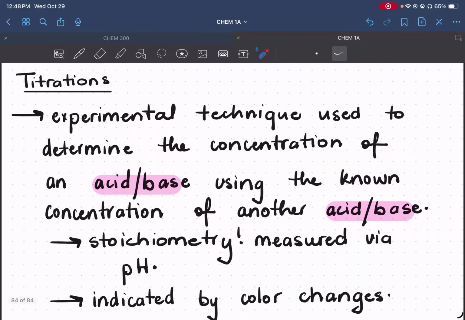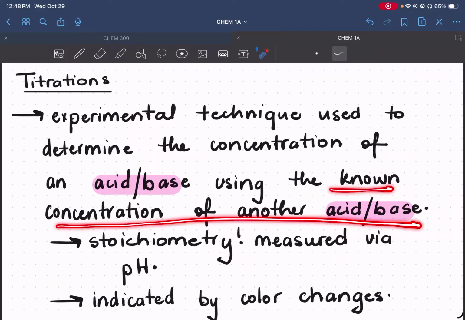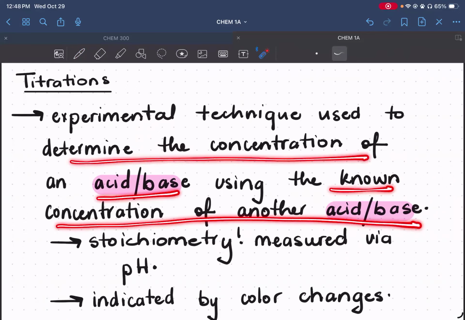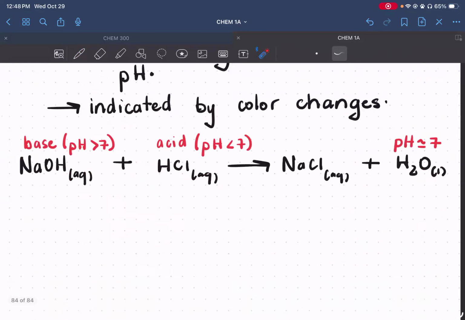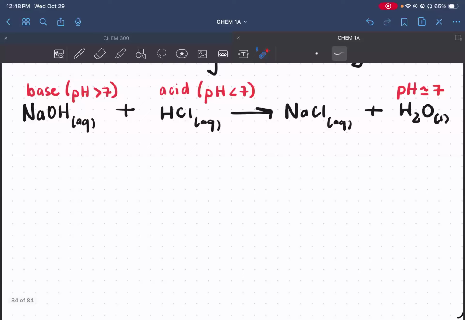Titration is marked by the fact that we know the concentration of one of the chemicals, and we don't know the concentration of the other chemical. For the purposes of this example, I will tell us that we know that the concentration of sodium hydroxide is 0.0982.